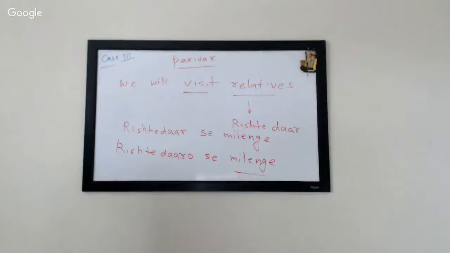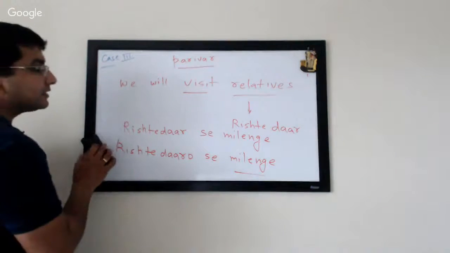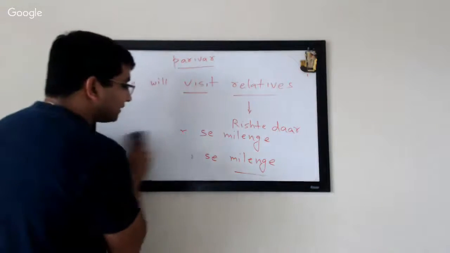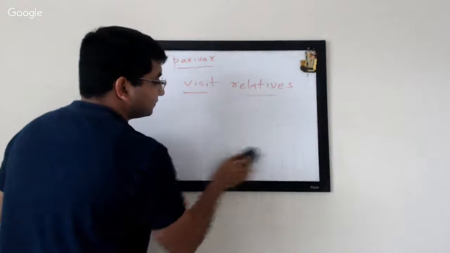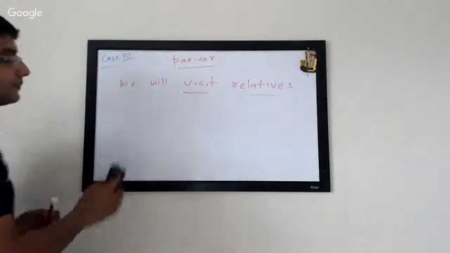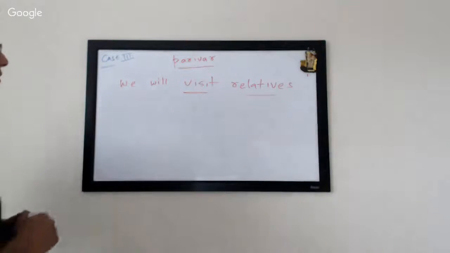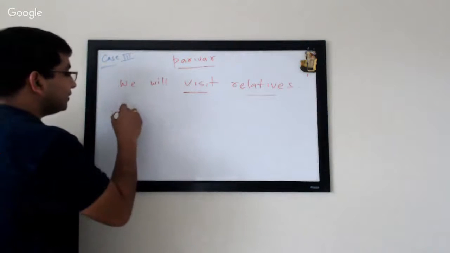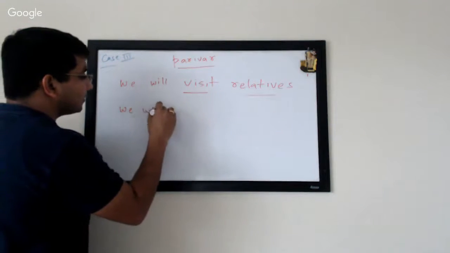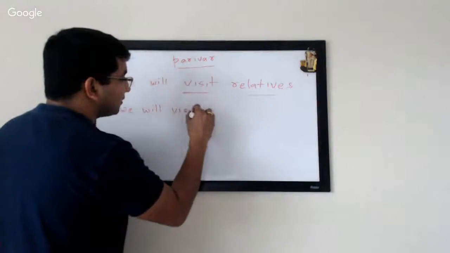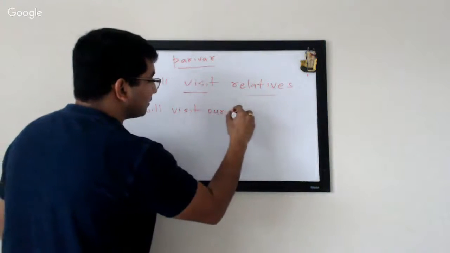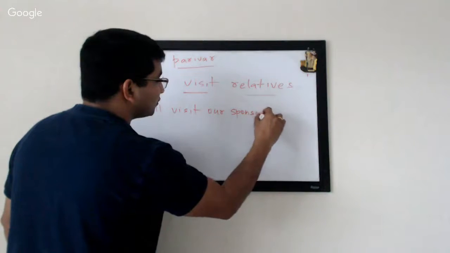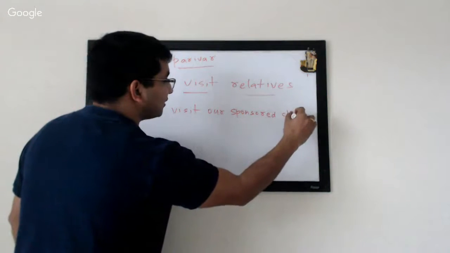Okay. So the next one is you said, we will go to Gujarat to visit our sponsored child. Okay. So let's do that as well. It's a little difficult, but we'll cover that. So the next one is we will visit our sponsored child.